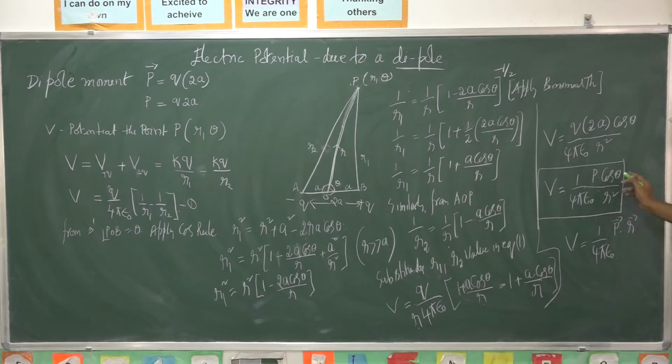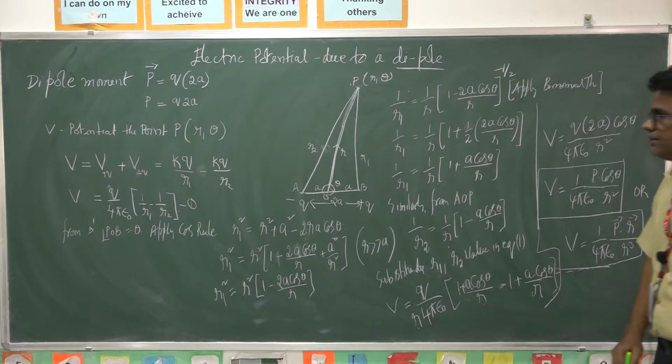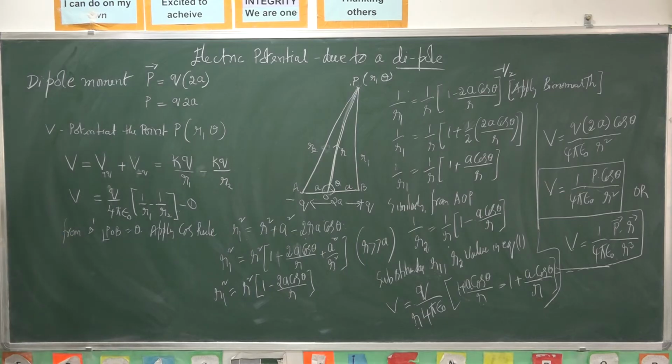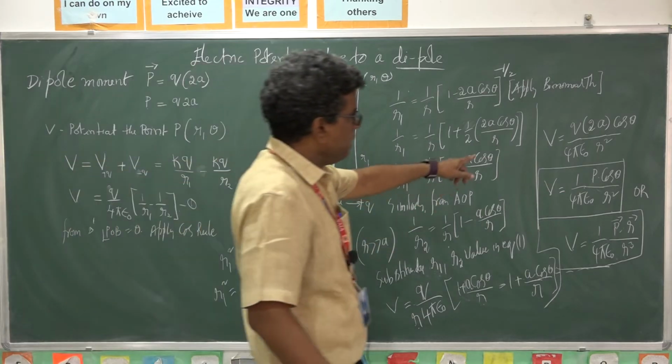P R cos theta. P cos theta, one R will be extra here. To cancel that, you keep R cube. So this is in vector form. And this one and this one both are the same. This is in non-vector form, this is in vector form. So we arrived at the final expression. So this is the potential due to a dipole.